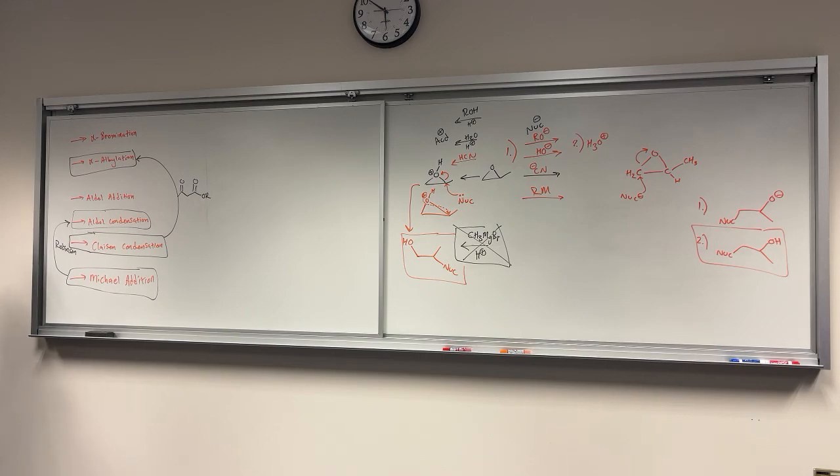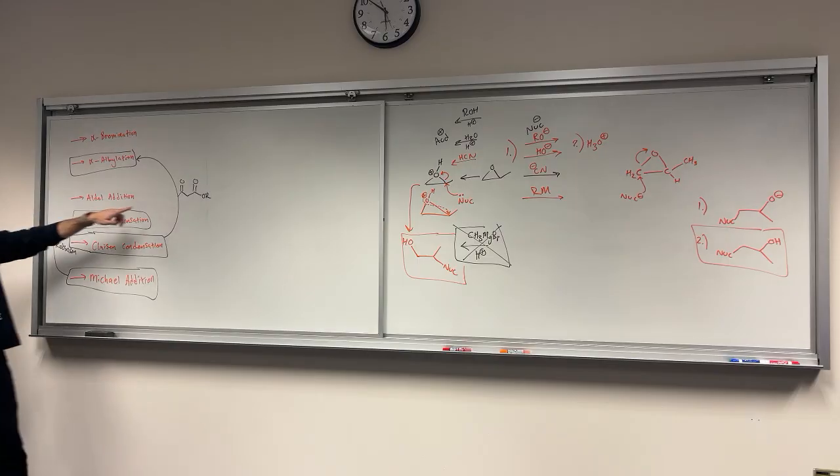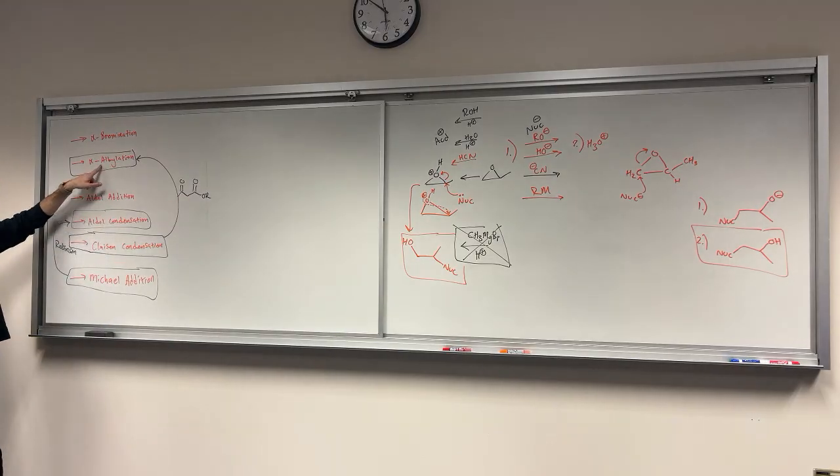I have to say more or less because it doesn't have to be an ester. It could be a beta keto ketone. But this central alpha position is really good for doing alpha alkylation.